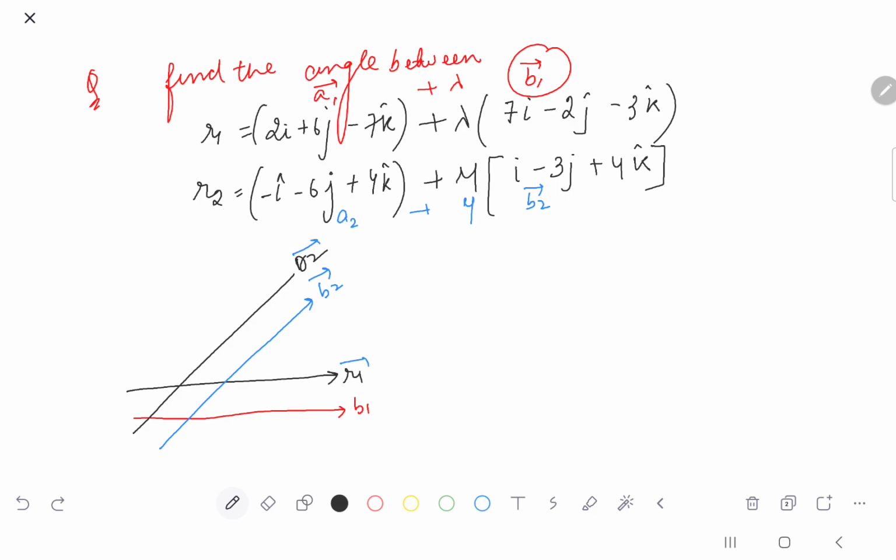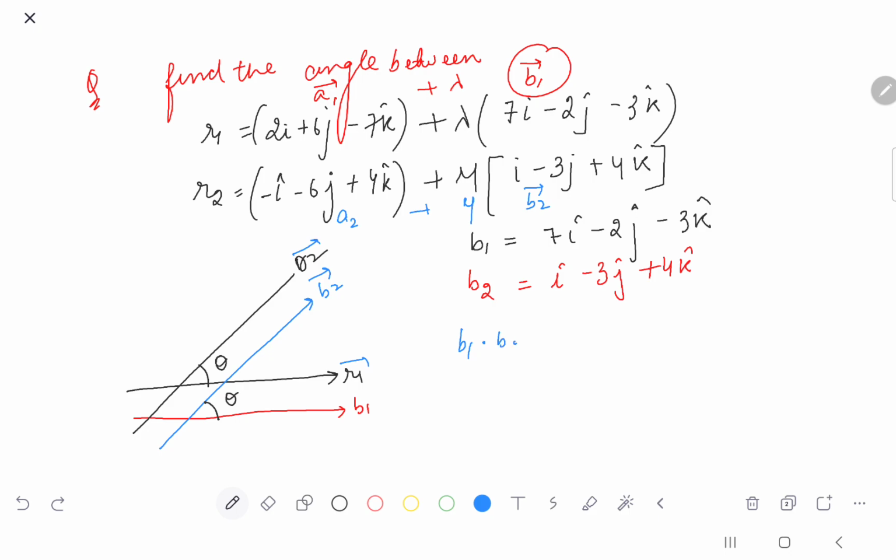So to find the angle between R1 and R2, you see that the same angle we have between R1 and R2 is between B1 and B2. So B1 for me would be 7i cap minus 2j cap minus 3k cap. Separately write it down, B2 should be i cap minus 3j cap plus 4k cap.